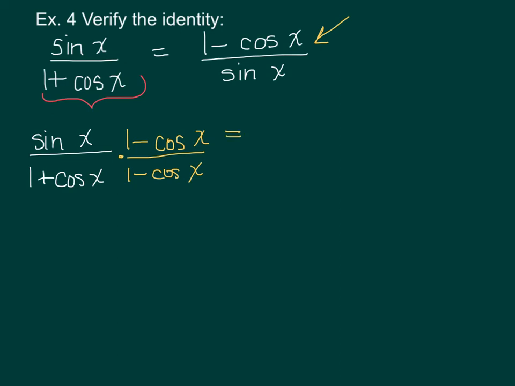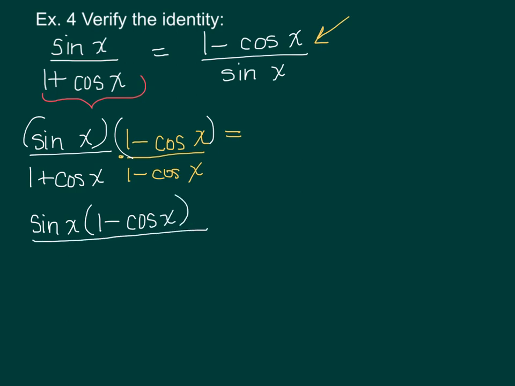Like this. And so in the numerator, I'm going to multiply that. Actually, I'm just going to write it as 1. And in the denominator, I'm going to FOIL. Let me write that.